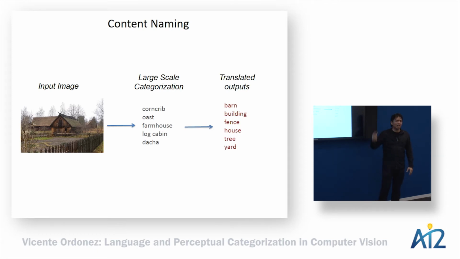And these are the actual things people say when they look at this image. These are aggregated across several users: barn, building, fence, house, tree, yard, which seem more natural for us to relate to. And so the other problem we looked at is how to go from these types of outputs to these types of outputs without having to retrain perhaps the whole system that does the large-scale categorization.